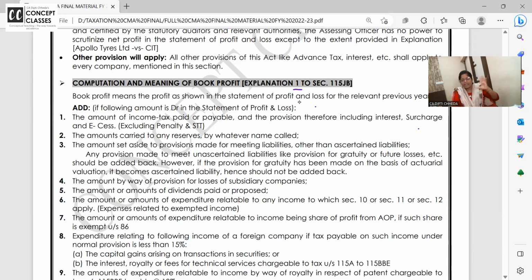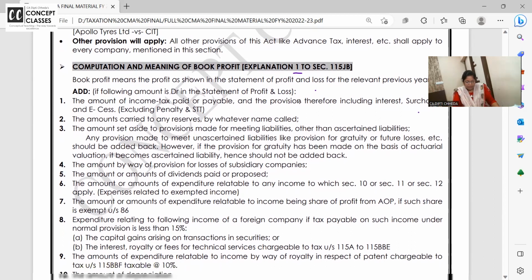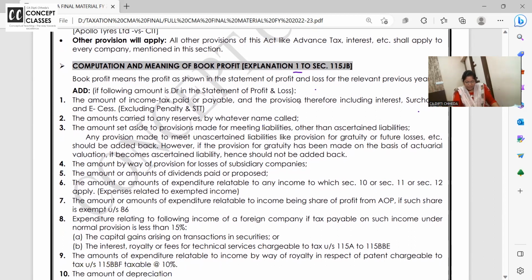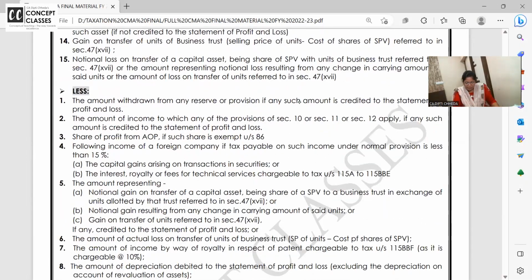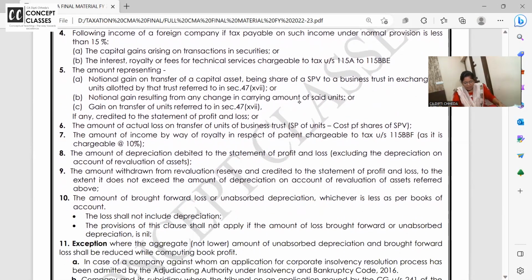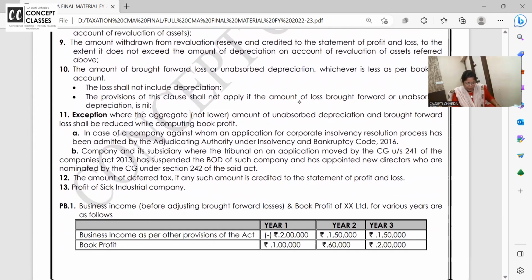For what purpose? MAT. There the journey is from your net profit with add and less to the business income. Add amount carried to reserve. I think rather than reading everything again, I have explained the less concept. Unless you are clear with this concept, I don't know, for those who have missed yesterday, how much you will follow.